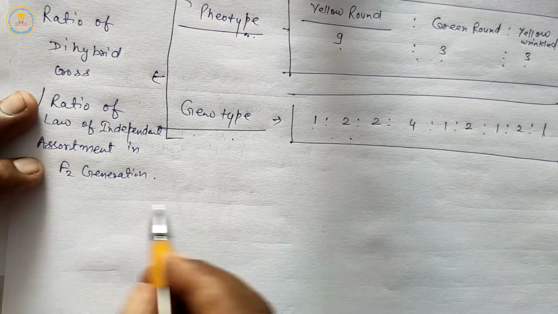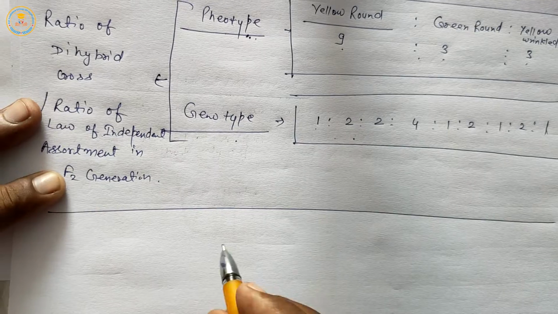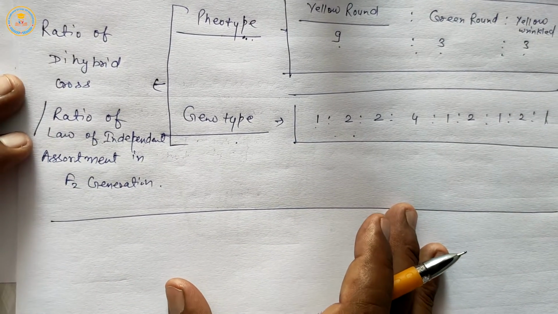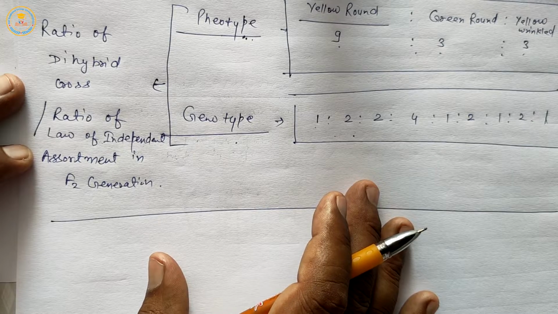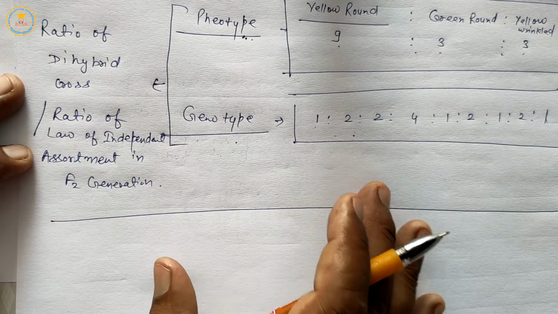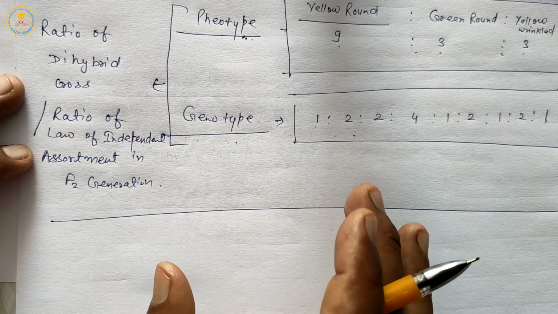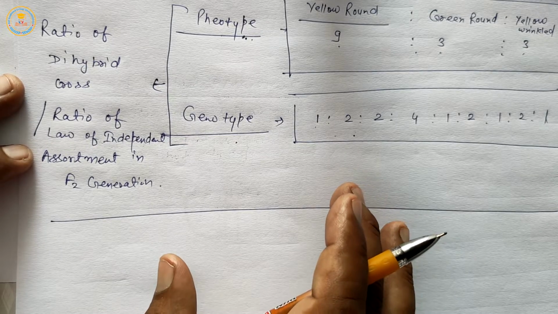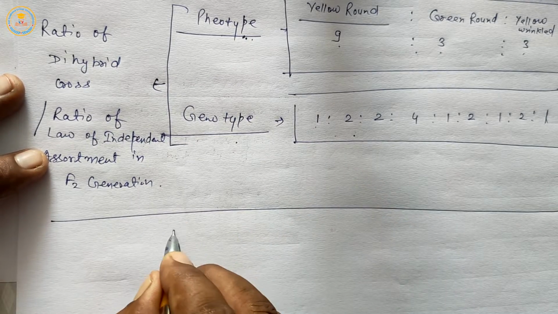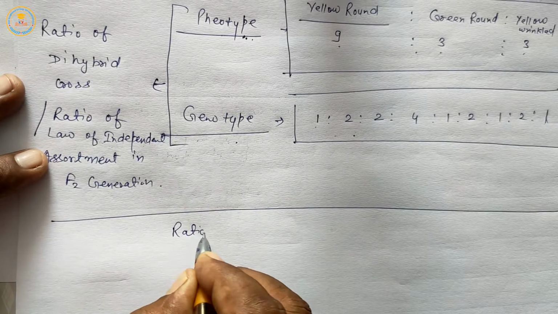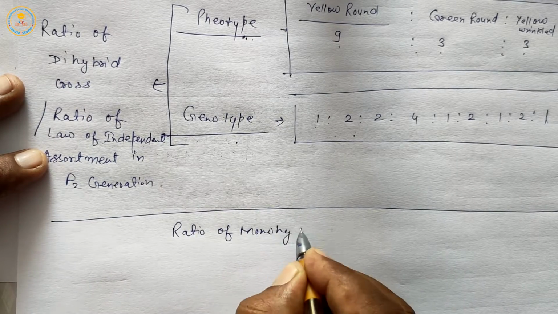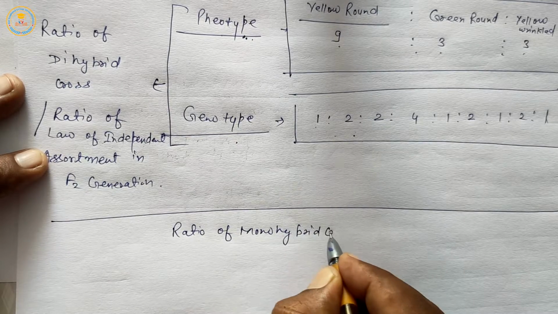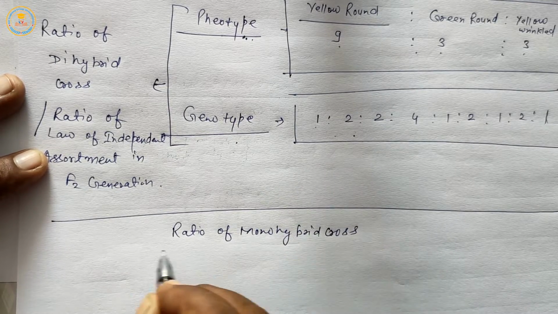Students, remember, in the previous class we studied the law of dominance and the law of segregation. The law of dominance and the law of segregation are based on the monohybrid cross. So, the ratio of the monohybrid cross.